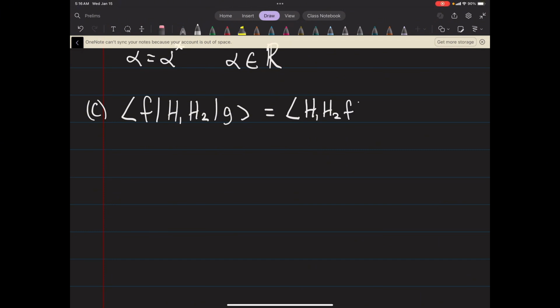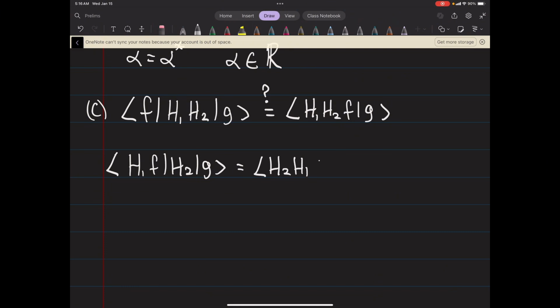We want to find where that is true. Well, first off, H1 is Hermitian, so I can move that independently. H2 is also Hermitian, so that can come over here, no problem. Essentially, we're just doing it in two steps there. Hopefully, you're okay with that.